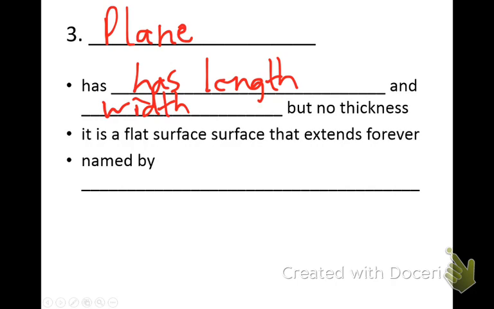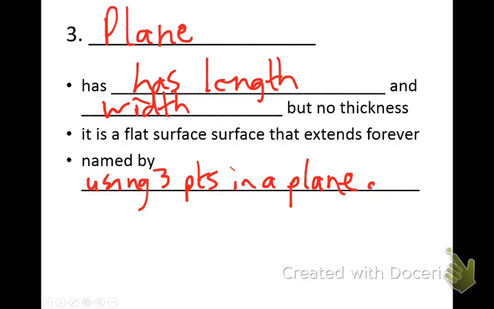Okay, your desktop is a plane. The chalkboard is a plane. Anything that's a flat surface that extends is a plane. All right, so we name a plane by using 3 points in a plane, or a capital cursive letter.